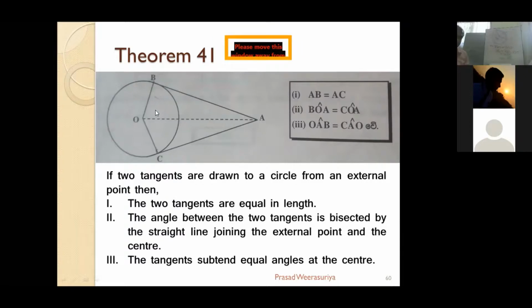Tangents subtend equal angles. This angle is equal. The second point says the angle between two tangents is bisected by this line joining the center and the exterior point. The first point says tangents are equal in length.